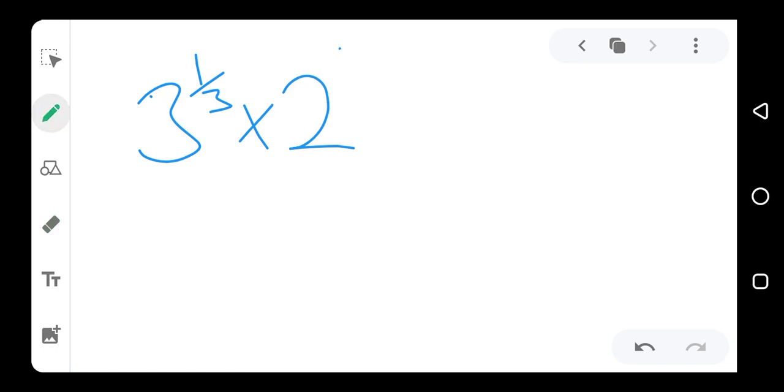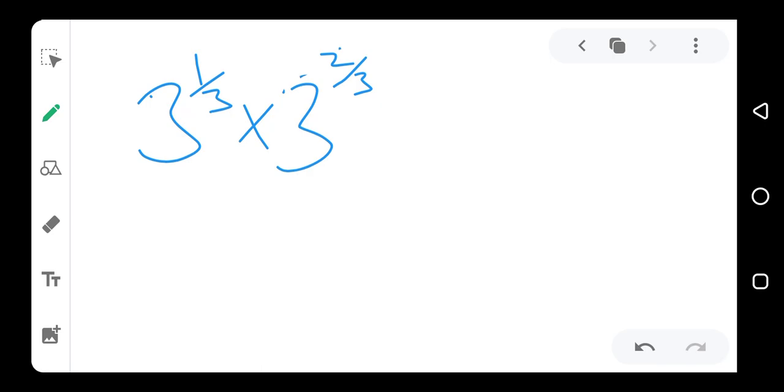Now let's see another example of this. If we have 3 raised to power 1 over 3 times 2 raised to power 1 over 3.